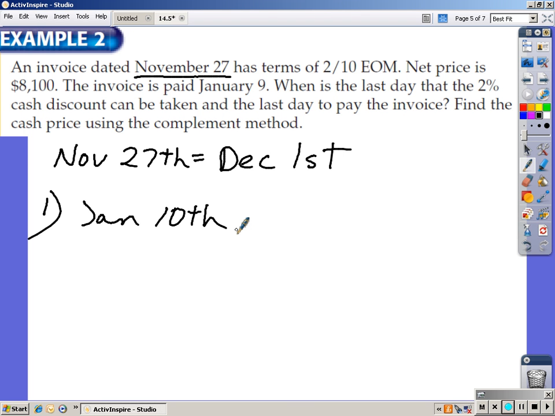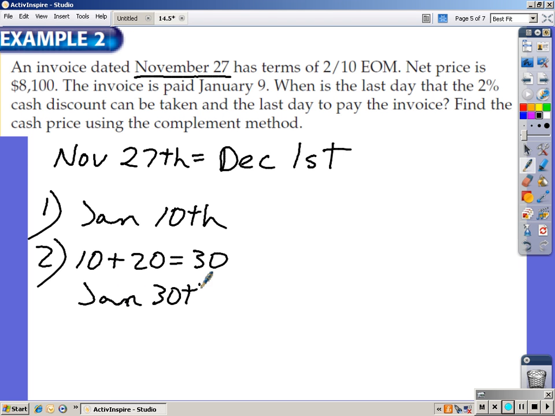All right. Question 2 asks, what's the last day to pay the invoice? Well, you still do the same thing as we did before. 10 plus 20 is 30. So January 30th is the last day to pay the invoice. And finally, question 3 says, find the cash price using the complement method.